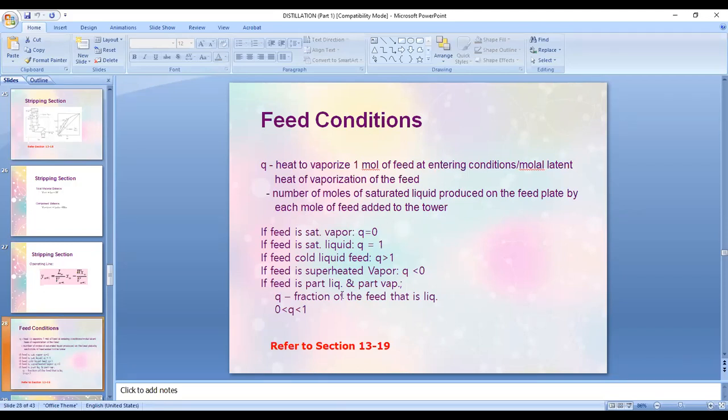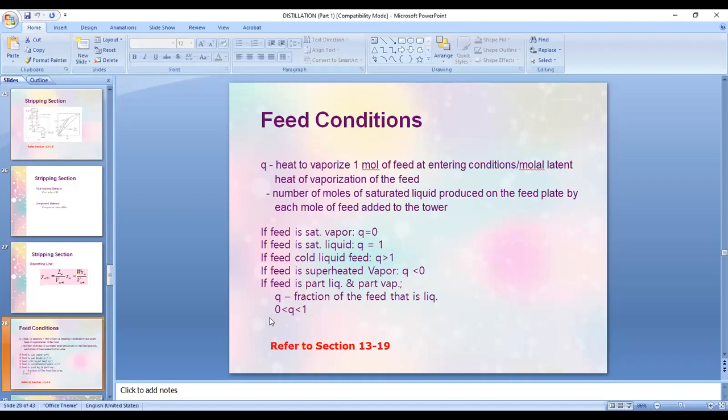If your feed is subcooled liquid, its value is greater than 1. If it's superheated vapor, its value is less than 0. If it's partly liquid and partly vapor, or a fraction of the feed is liquid and the fraction is vapor, then your Q will have a value which is in between 0 and 1.